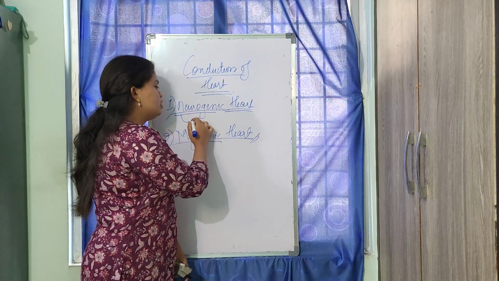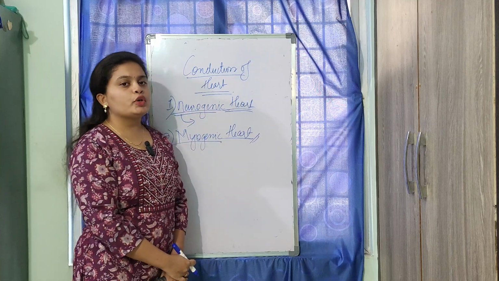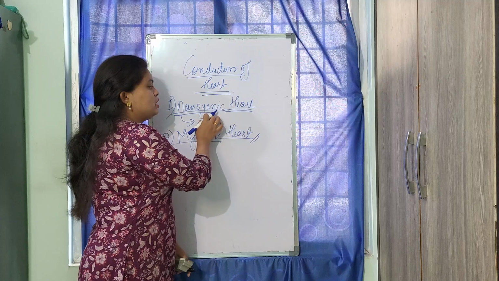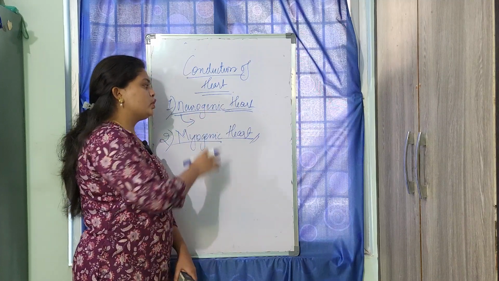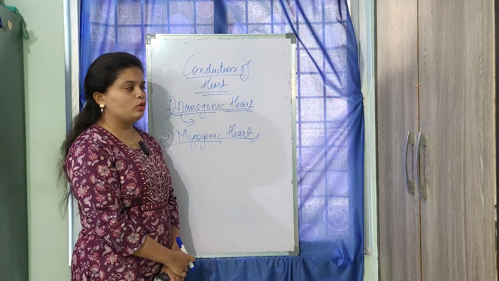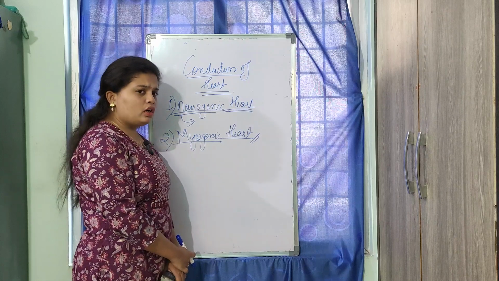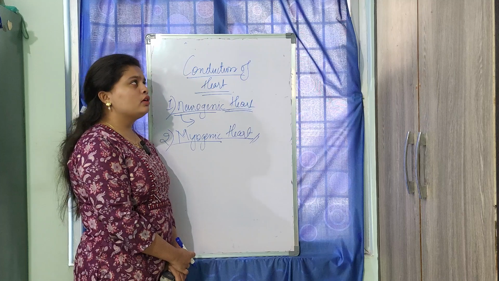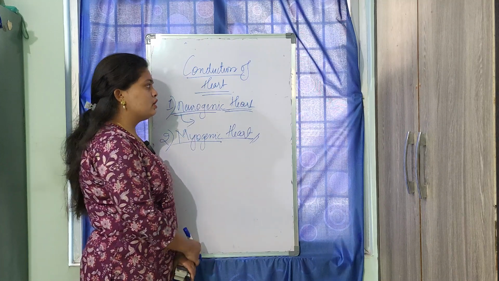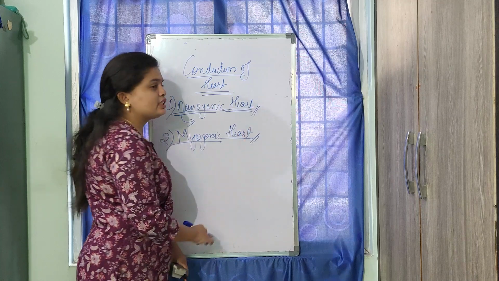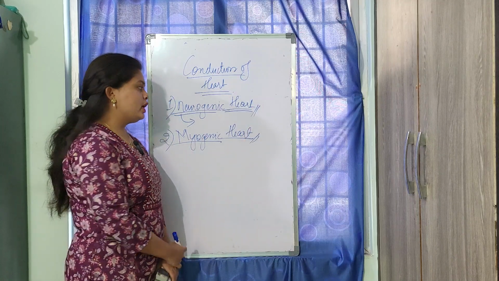The nervous system will send the signal to the heart to beat. This is seen in lower organisms. Because it takes a lot of time to send the signal to the heart and then for the heart to beat, the efficiency of the heart in lower organisms is very low.